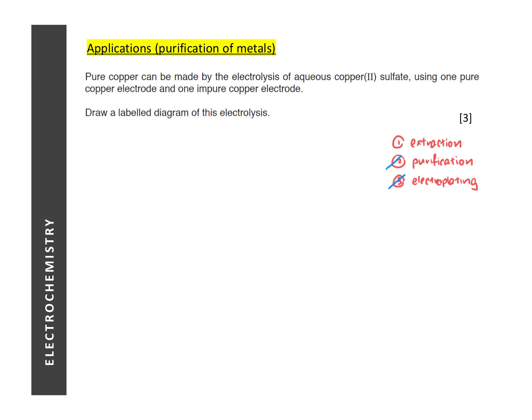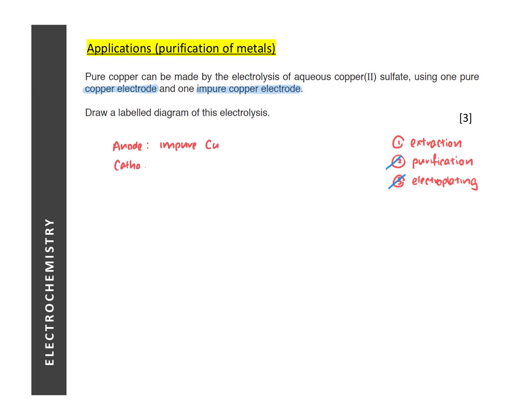So in this case, for this question we are looking at purification of copper. So you are given an impure copper electrode and then you have a pure copper electrode. The important thing to remember is this, that in purification, at the anode we use the impure metal, or your impure copper.